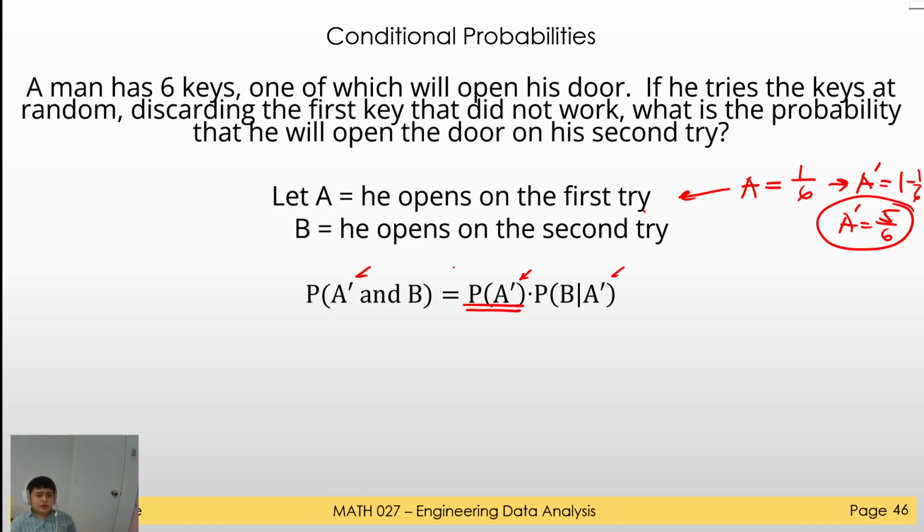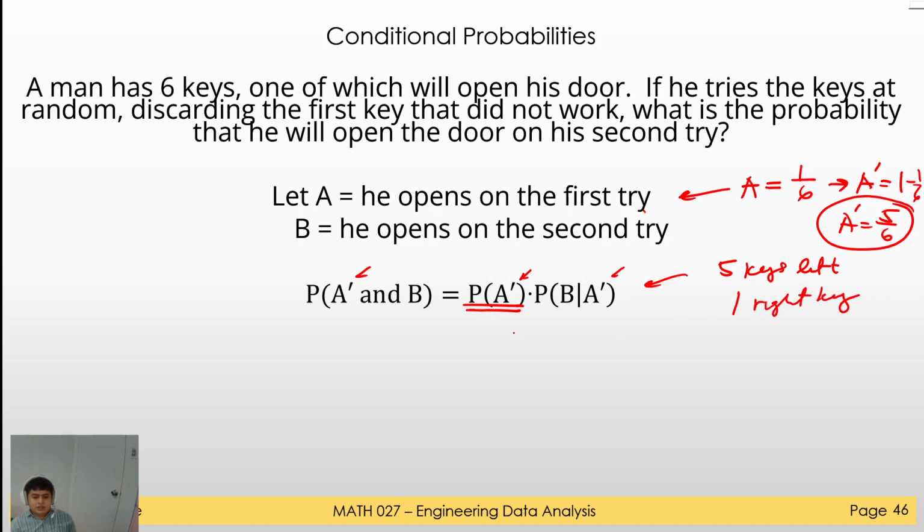Now, for him to open the door with the right key, given that A has not occurred, what will it be? Given that he did not open it on the first try, he is left with 5 keys only, and one of those is the right key.